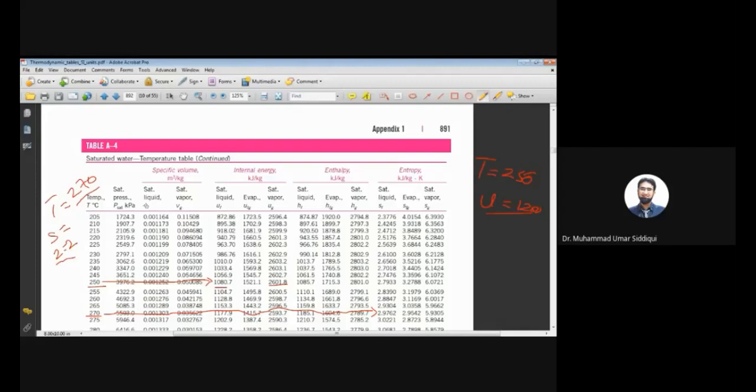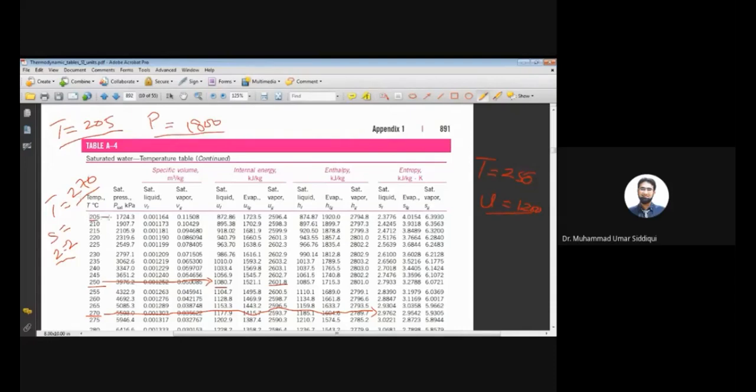However, suppose the temperature is given as 205 and the pressure is 1800. So what do you think? Temperature is 205, pressure is 1800.